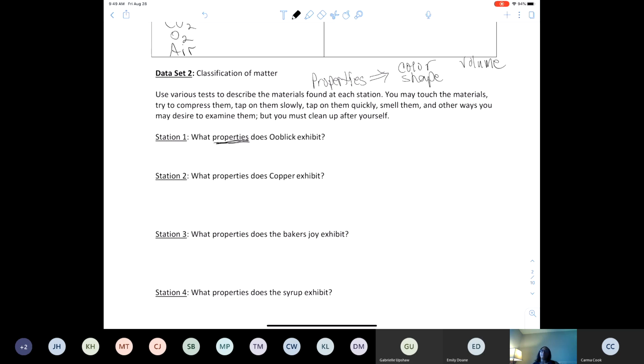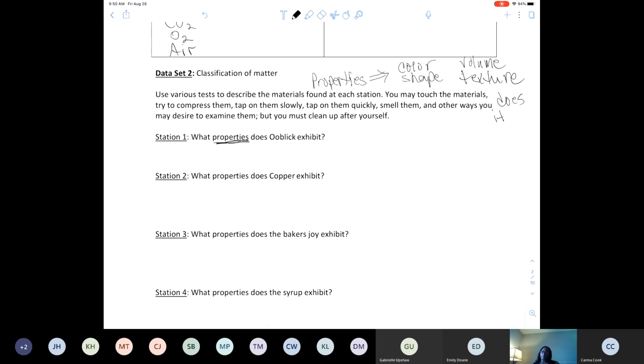Or does it take on the shape and volume of the container that it's in? And then you can also comment on some other things that I'll mention in the video, like the texture, how does it feel? Does it flow?